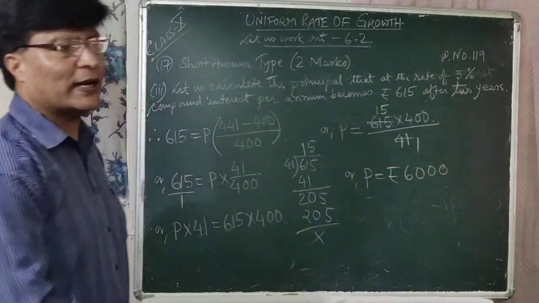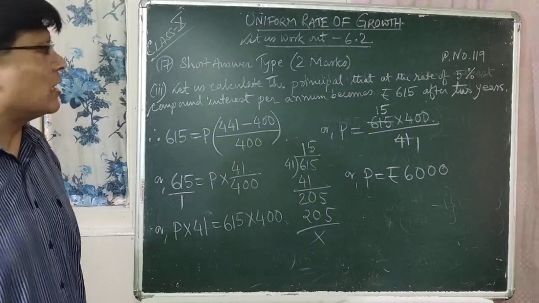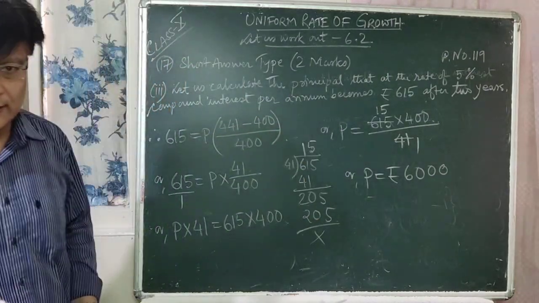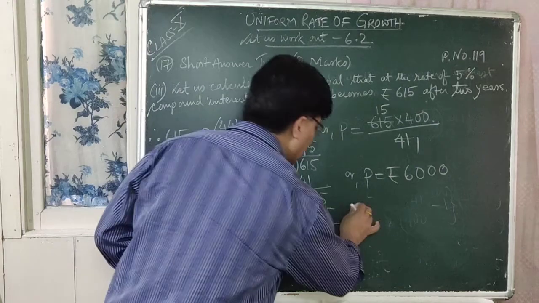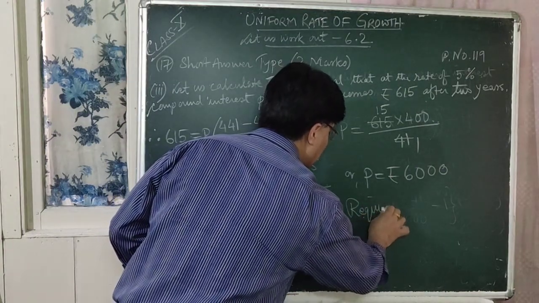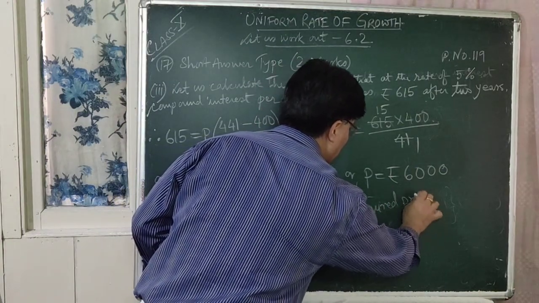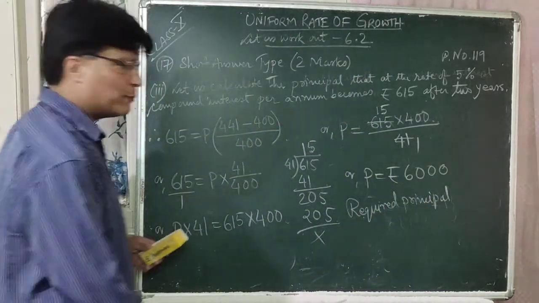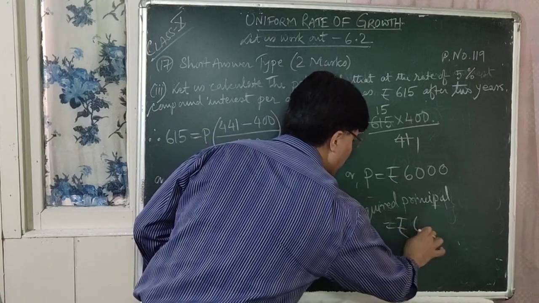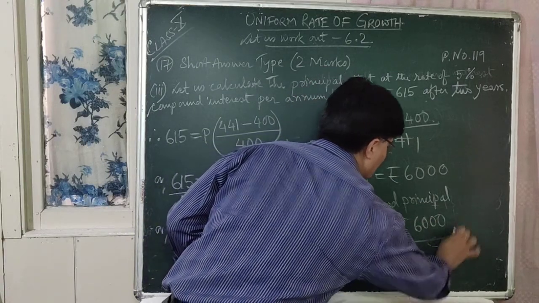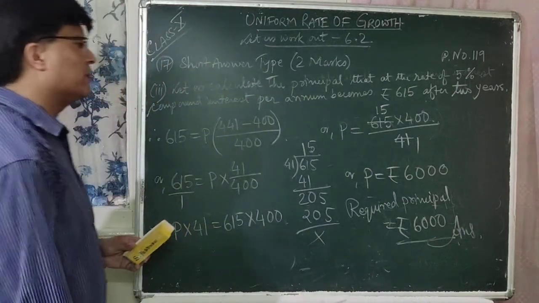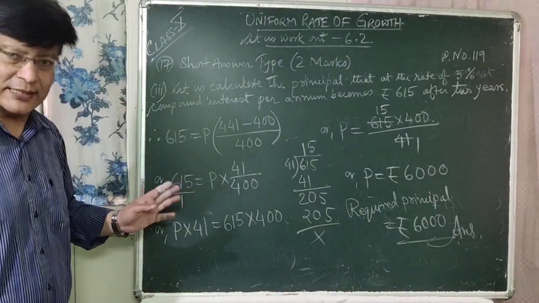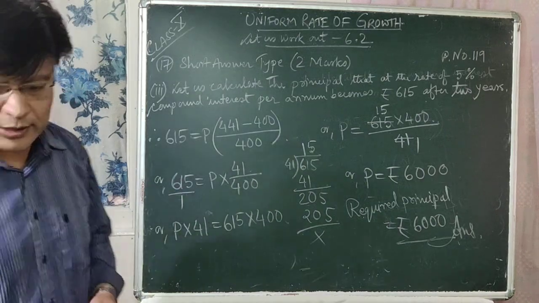That is what is the required principal: it is rupees 6000. So let us calculate the principal, we have determined it, right? So what is the required principal? Let us write down required principal. So required principal is equal to rupees 6000. So the answer is that required principal is equal to rupees 6000. Is that understood? You can copy it. We'll do the next question now.